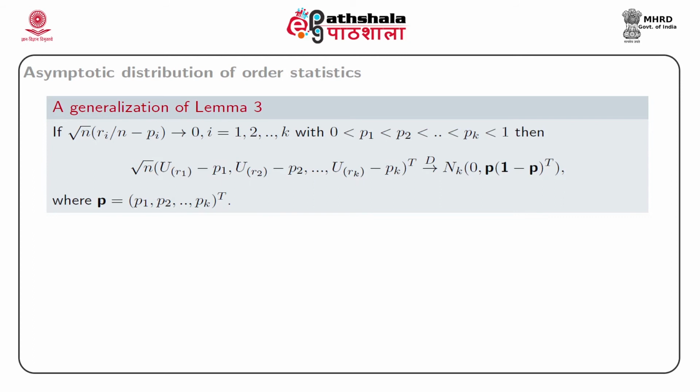If √n(r_i/n − p_i) tends to 0 for i from 1 to k, for 0 < p1 < p2 < ... < pk < 1, then the joint asymptotic distribution of U_(r1), U_(r2), ..., U_(rk) is k-variate normal with mean 0, and dispersion matrix p multiplied by the transpose of (1 − p), where p is a vector with elements p1, p2, ..., pk, and 1 is a vector with all elements unity, and therefore 1 − p is a vector with elements 1 − p1, 1 − p2, ..., 1 − pk.